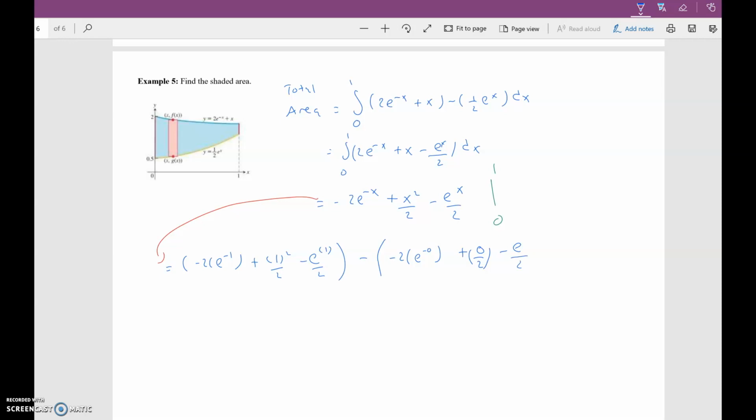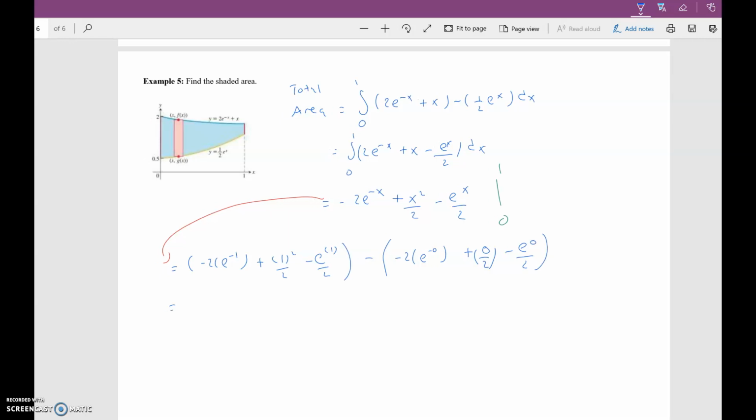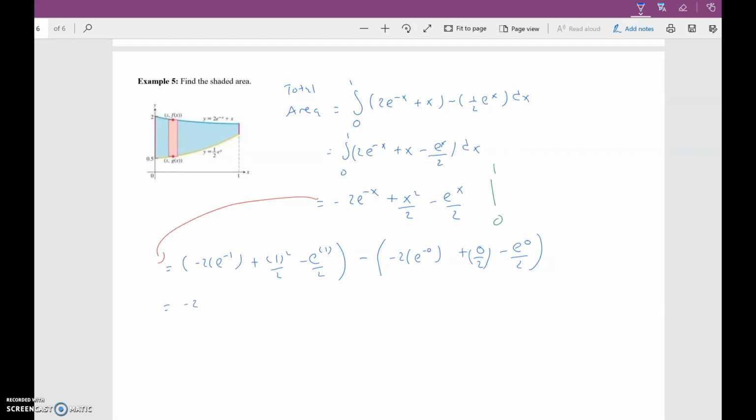And keep in mind that these are e to the zeros. So the first term is going to simplify to negative 2e^(-1) plus 1/2 minus e divided by 2.